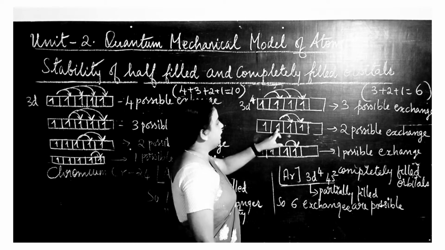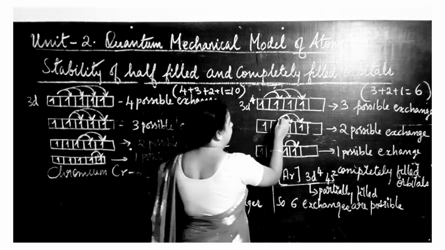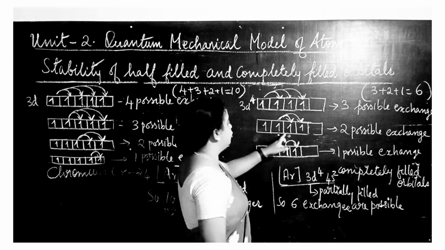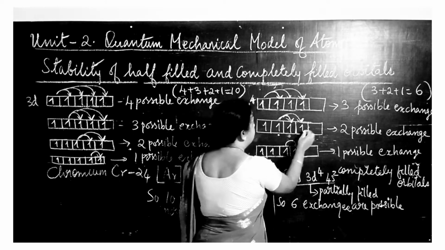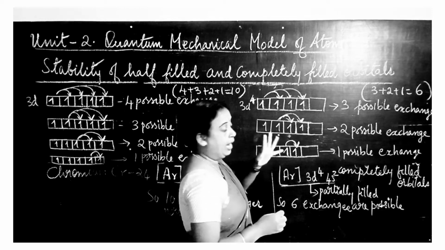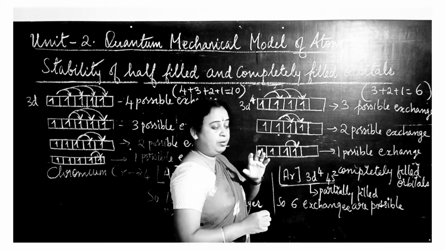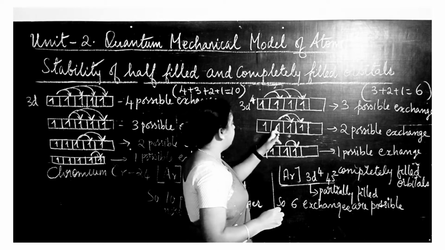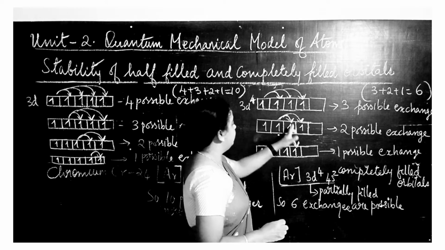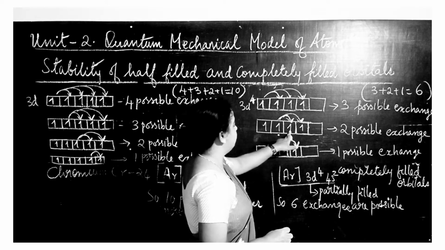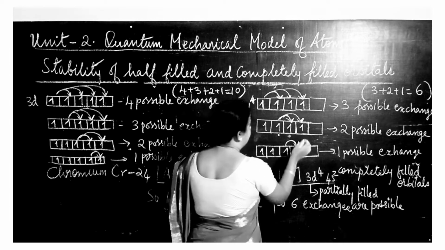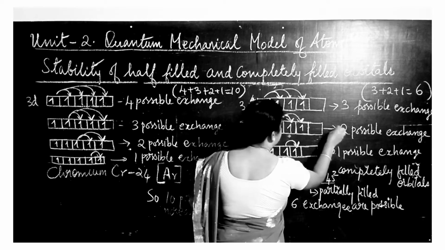Likewise, in this case, the second electron can exchange its position towards this orbital and this orbital. In the d orbital we have 5 types of d orbitals. So the second electron can shift its position towards this orbital and this orbital. That means 2 possible exchanges are seen.